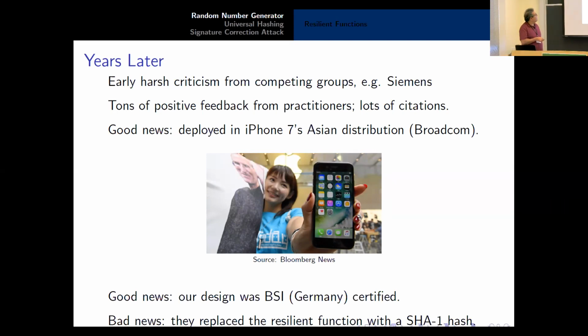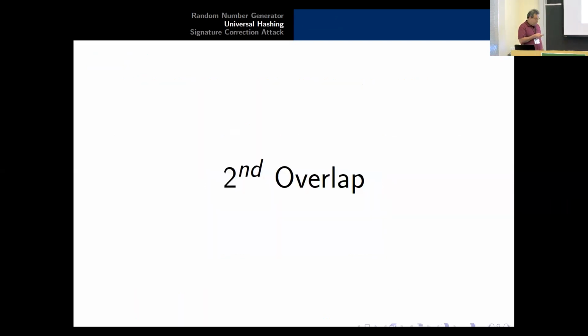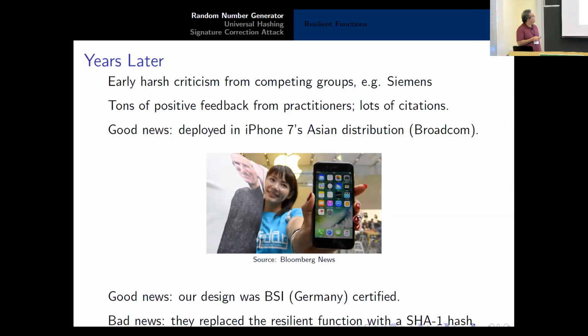It turns out in mid 2013, 14 maybe, I came across somebody from Broadcom, a former manager, who said they actually implemented your random number generator and included it in a communications chip that went into the iPhone 7, which got distributed in Asia.